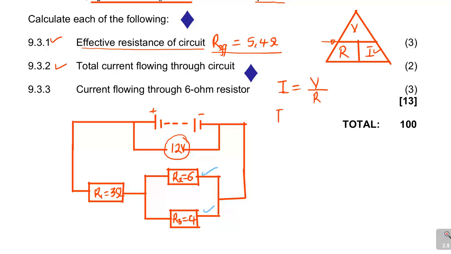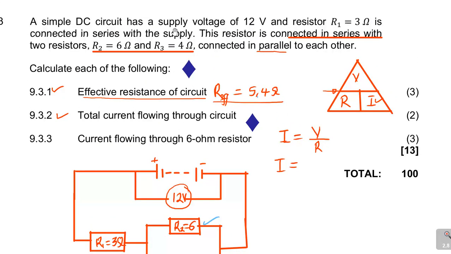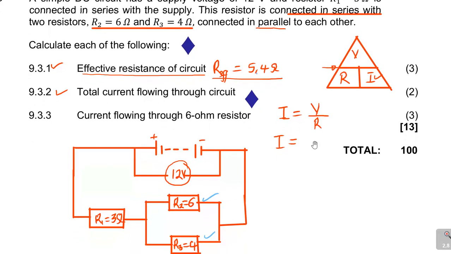Therefore, I is equal to V, which is the DC supply voltage of 12 volts, over R, the total or effective resistance that we just calculated, which is 5,4. It will give us the current flowing through this whole circuit in amps.